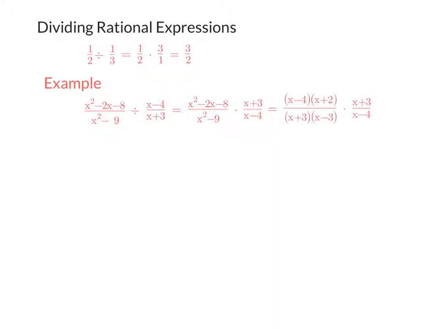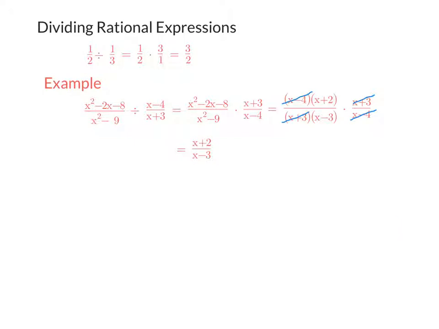Alright, now that we've factored, we can cancel out any common factors we have. So I see an x minus 4 here, an x minus 4 there, an x plus 3 here, and an x plus 3 there. And what we're left with, our final result, is simply x plus 2 over x minus 3.